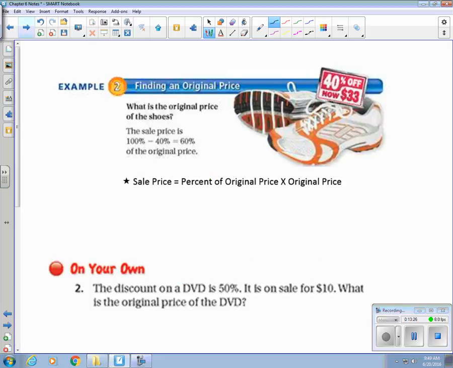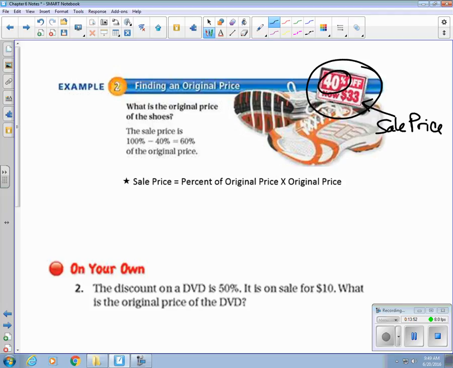All right, let's take a look at example number 2, finding an original price. So what is the original price of the shoes? All right, so you gotta look at this right here. Right now, they're $33. That's the sale price. Okay, they've been discounted by 40%.